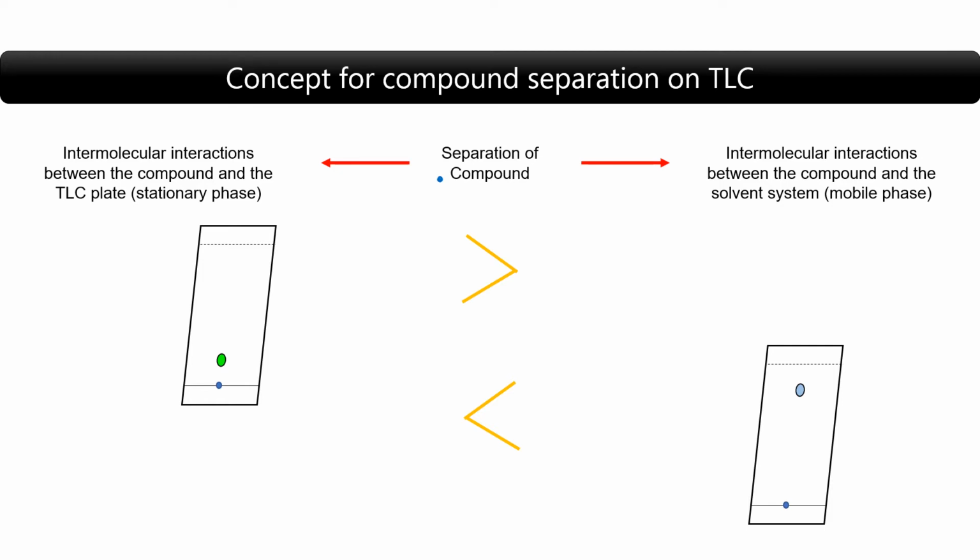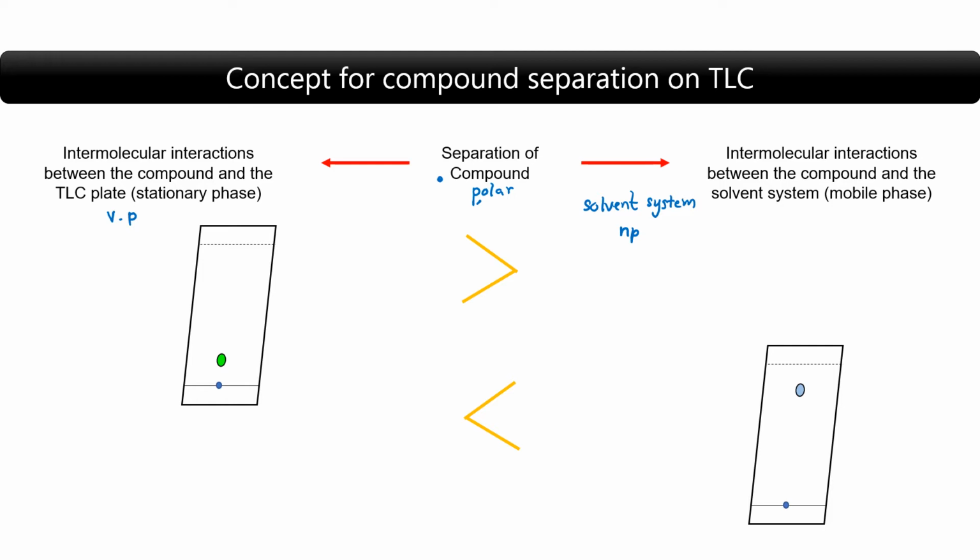So if we have a polar compound, for example, and we have a solvent system that is mostly nonpolar, and we know our TLC plate is very polar, always polar in relation to the solvent system, the polar compound would be able to form stronger intermolecular interactions with the polar TLC material because like interacts with like.